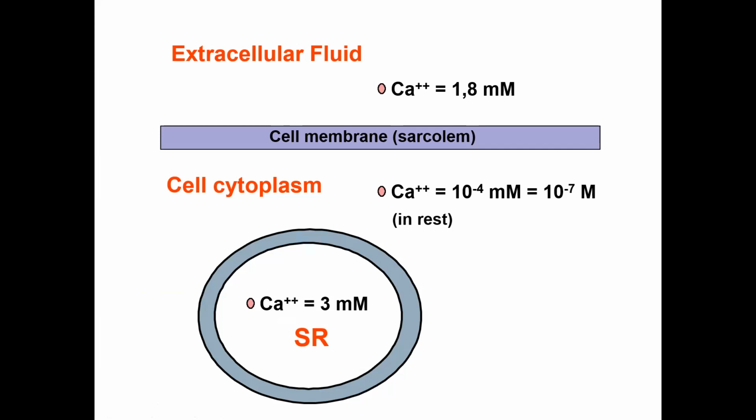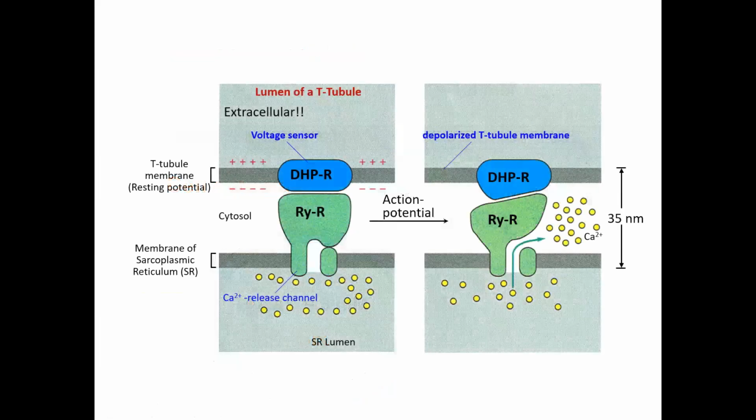And now in this picture you can see better that here is the transverse tubule, that is the inside of the cell. Here is the lumen of the tubule, this transverse tubule, and that is the membrane of the sarcoplasmic reticulum.